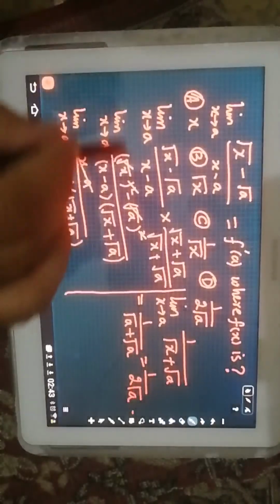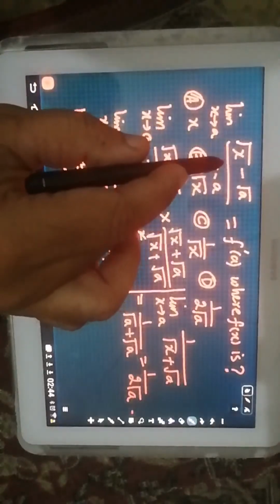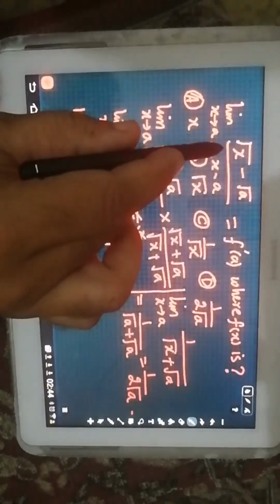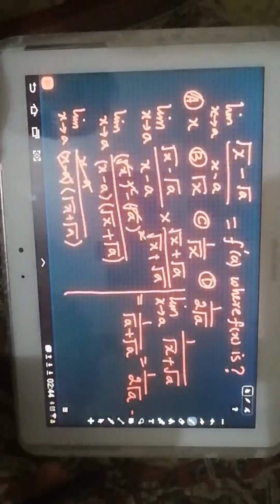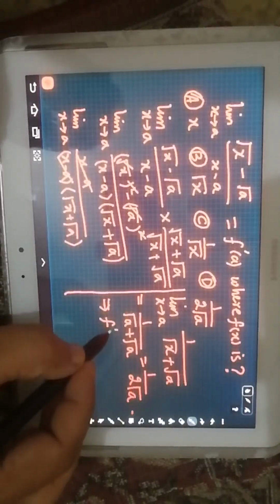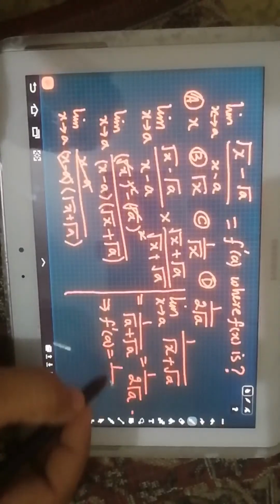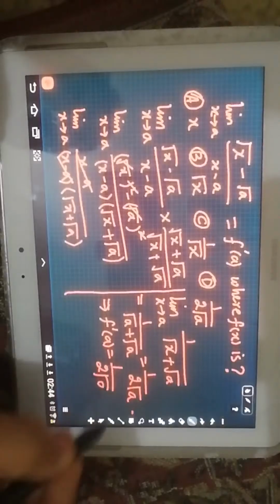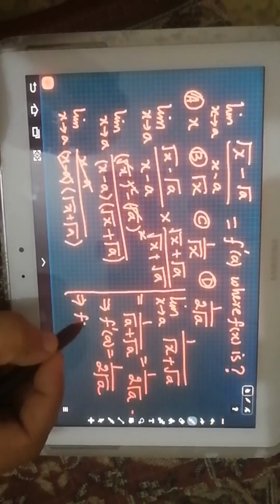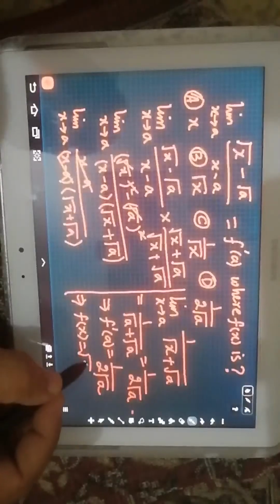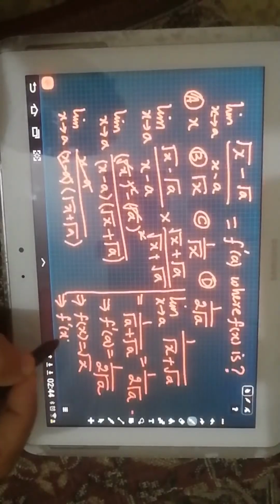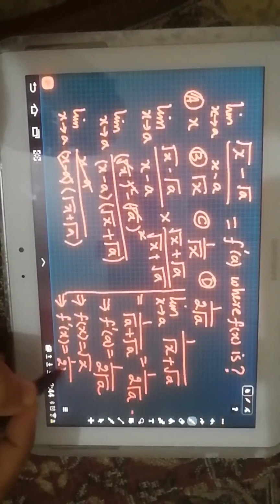See, students, this is the beginning: the limit is equal to f prime of a. This has been evaluated. The value of it is 1 by 2 square root a. So it means that f prime of a is 1 by 2 square root a. Now we know a function: f of x equal to square root x is the function whose derivative f prime is 1 by 2 square root x.